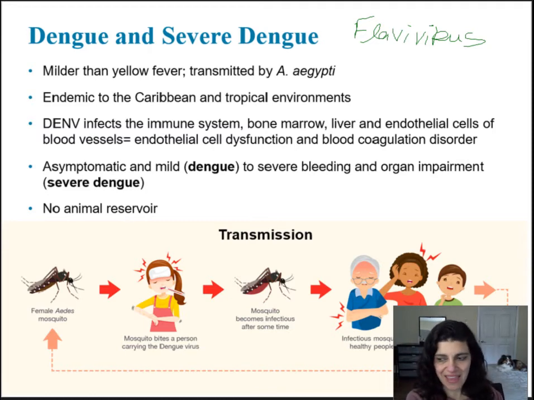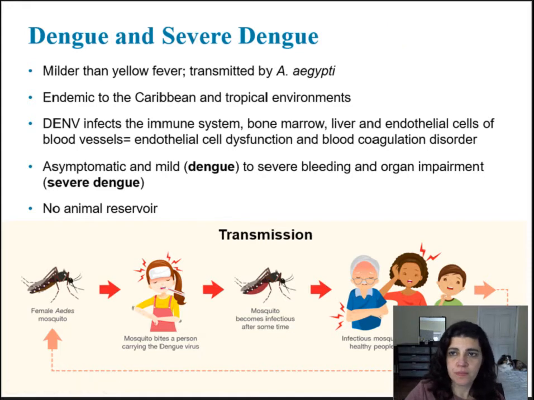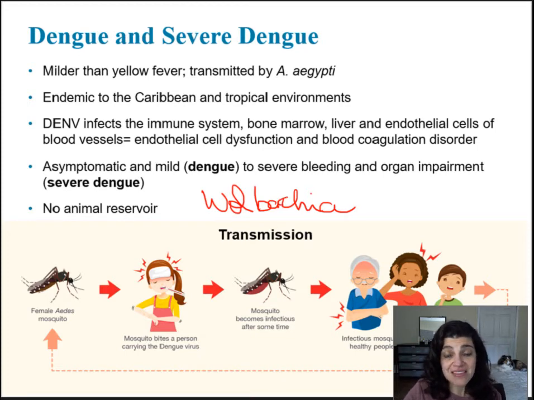There is one thing that is effective in controlling these viruses, which is a bacterium called Wolbachia. Let me get my pen so I can write it here. Wolbachia. It's a bacteria species or genus that infects mosquitoes.